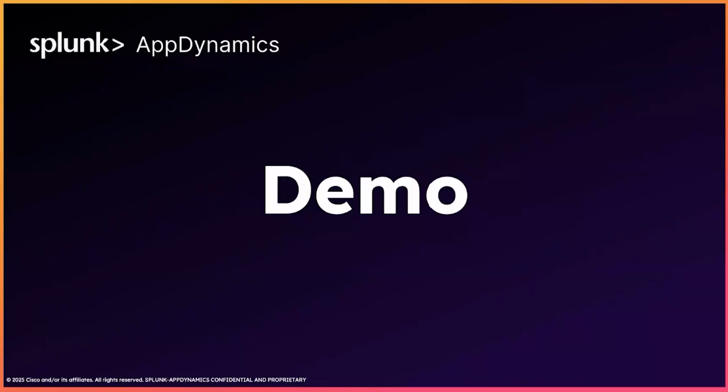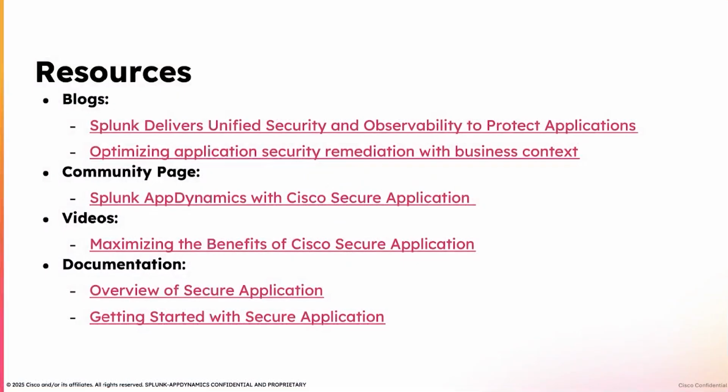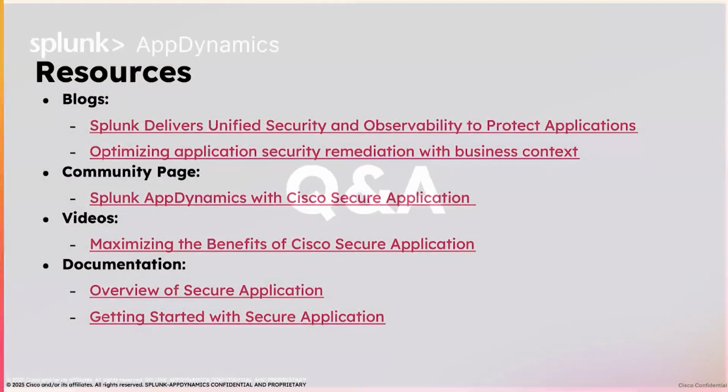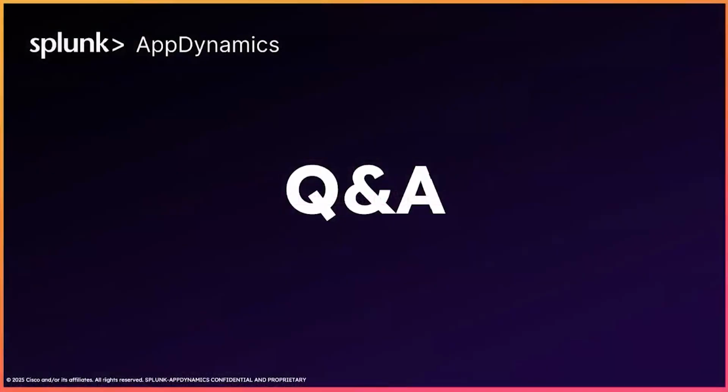All right, so with that, that's the end of the demo, and I'm going to quickly show you the resources. I'm guessing Chris may have already shared them with you all, and for additional information and any other questions which may have come about, over to you, Chris.